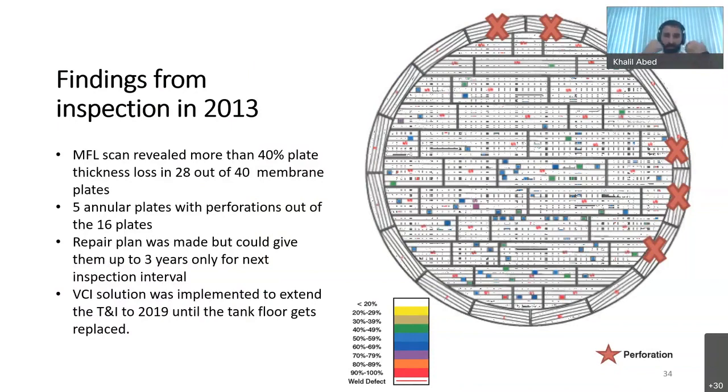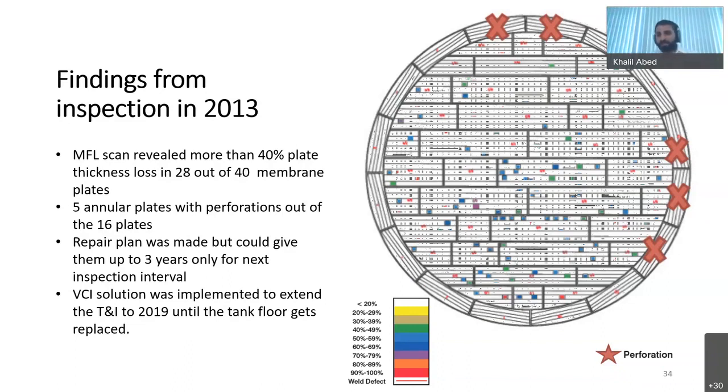A repair plan was again developed based on the findings. Based on the patch repair plan and the risk assessment done on it, the tank would last only 3 years without introducing any corrosion protection method.